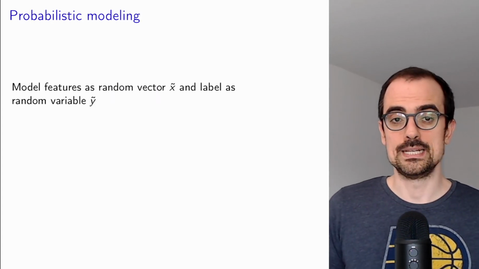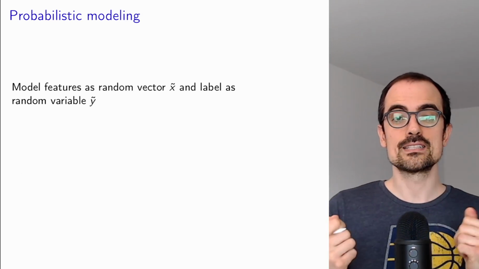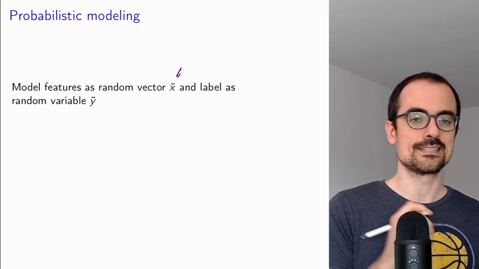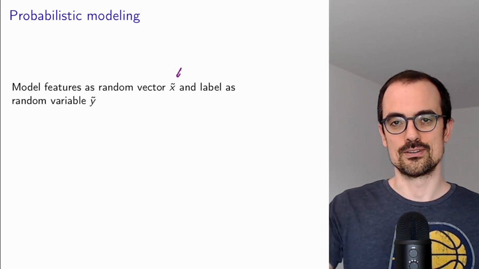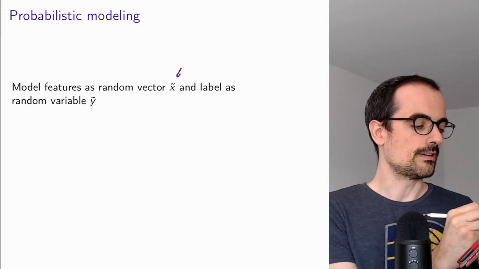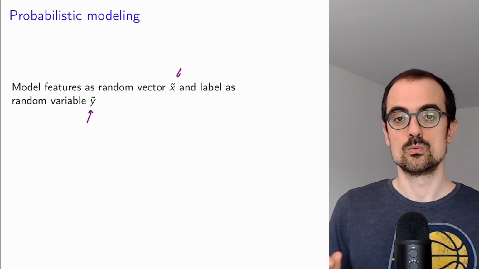We apply probabilistic modeling to this problem, and we model the features as a random vector x. This is why x here has a squiggly line, because now it has random variables in each of its entries, instead of fixed deterministic quantities. And the label is also modeled as a random variable y, which is now uncertain.